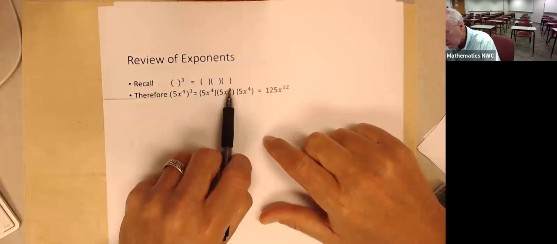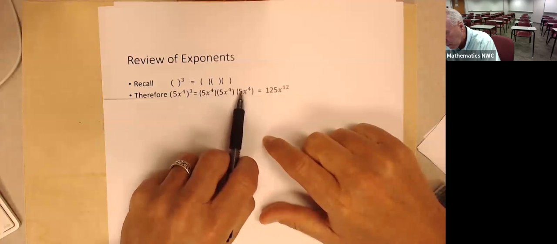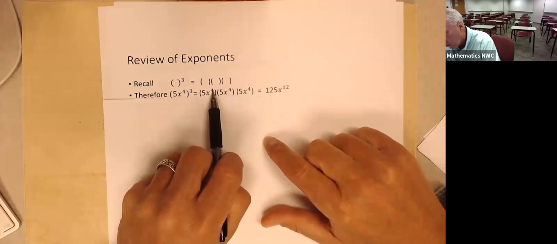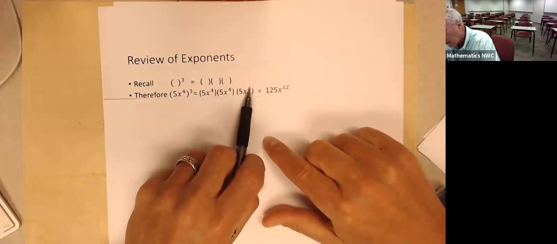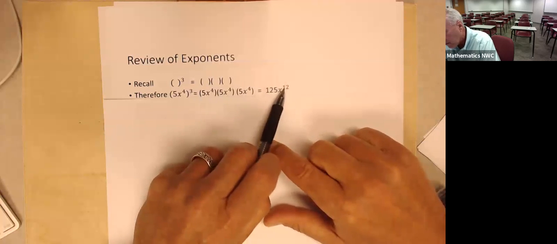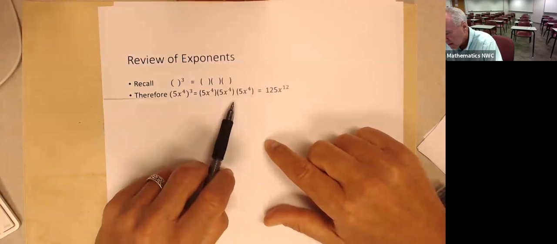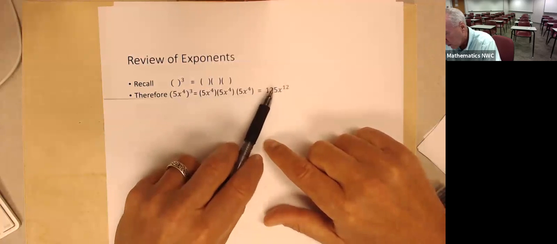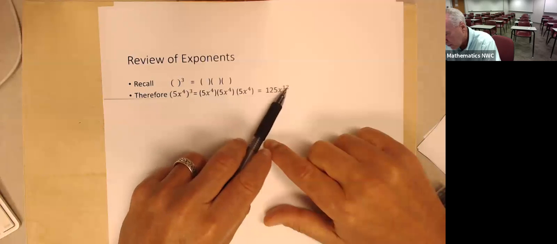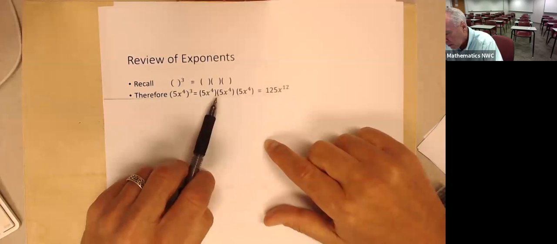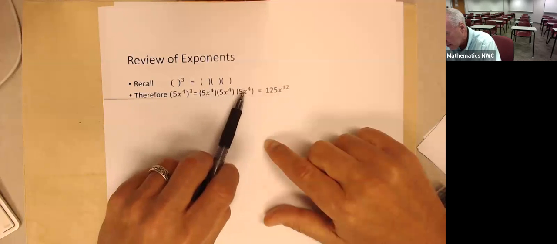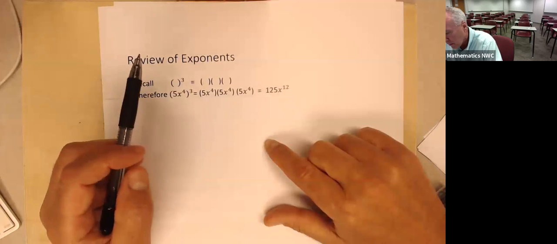But the exponents, when we're multiplying, we add our exponents, so I get 4 plus 4 plus 4 to give me 12, right? Some real common mistakes. Some people might have multiplied the 4s to get 64 there, which would be wrong. Other people might have added the 5s to get 15 there, which would have been wrong.